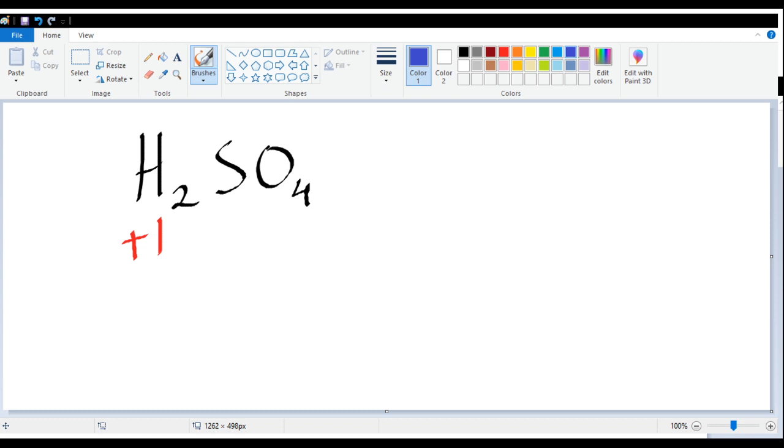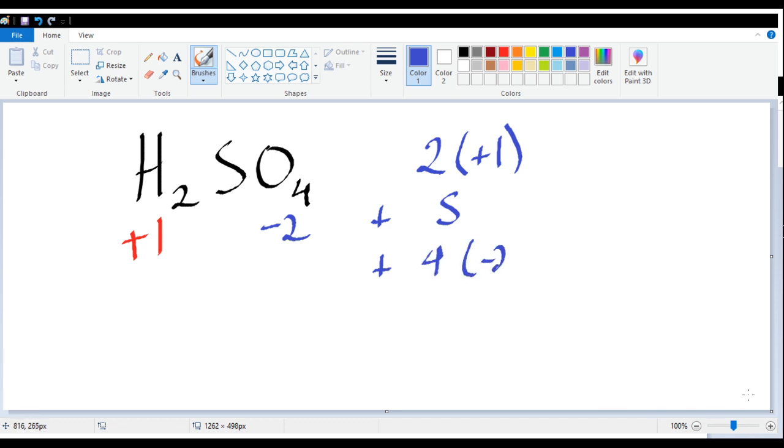Oxygen, once again, is going to be -2. So we have our two hydrogens, each of which is positive 1. And we have sulfur. And we have our 4 oxygens, each of which is negative 2.